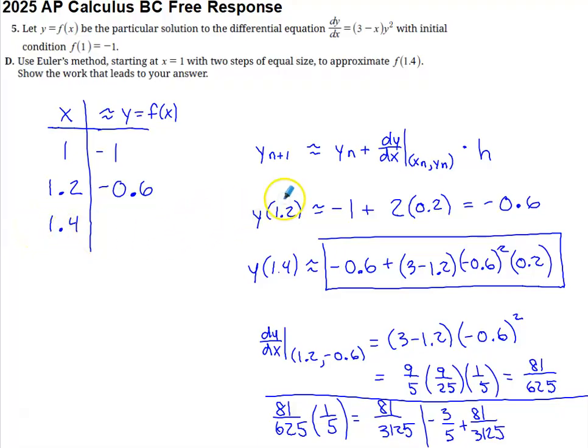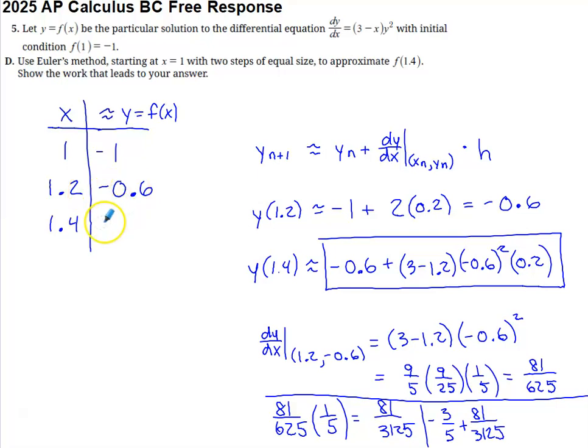So the y value at 1.2 is going to be approximated by taking the current y, -1, plus the value of the derivative at the currently completed ordered pair, 1, -1. And again, that's that value from back in the upper corner from the work in part A, +2, and then times the step size. This ends up being -0.6. So my approximate y value at 1.2 is -0.6.